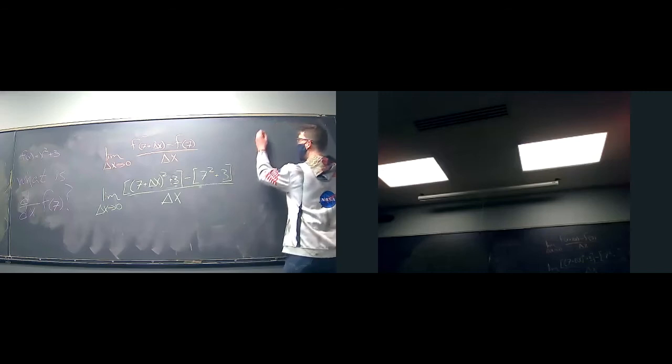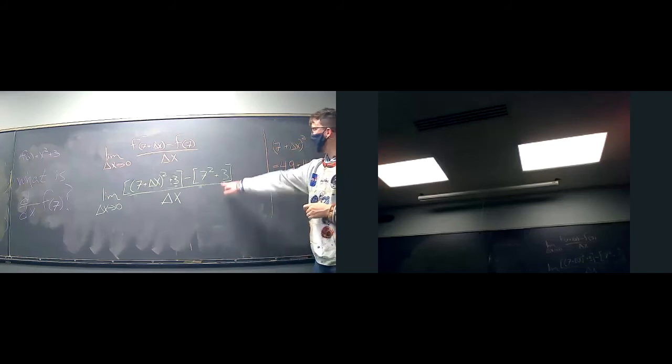All right, when we expand all of that out, 7 plus delta x, let's do it right here. 7 plus delta x, this thing squared, is going to be equal to 49 plus 14 delta x plus delta x squared. We're going to plug this back in now.